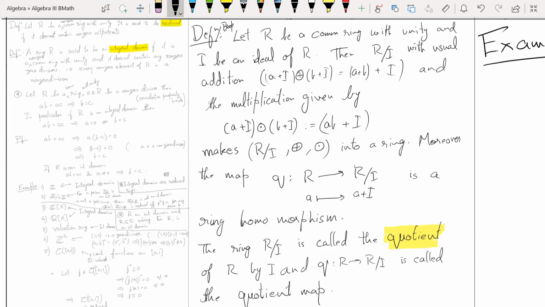Then R mod I with the usual addition, meaning addition as in the quotient of a group by a subgroup. If you want to add one coset to another, you just apply the group operation and then look at the corresponding coset.